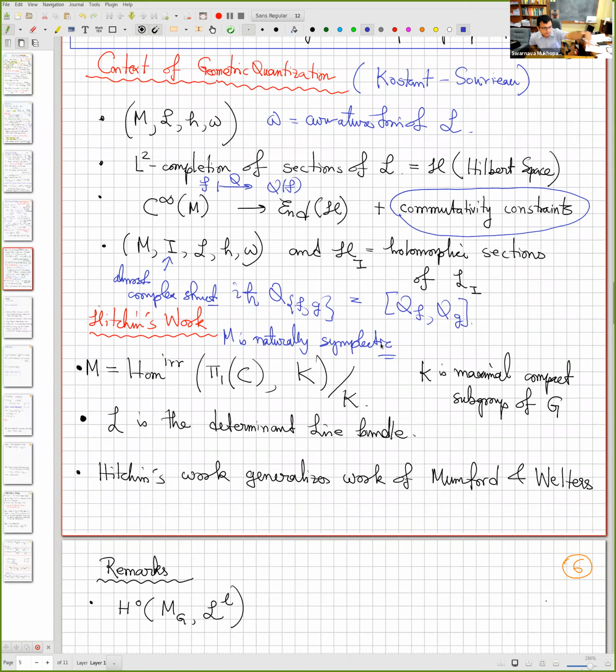Someone can ask how the spaces H^0 of M_I with the line bundle change as we vary I from C. So think of C as a fixed topological curve, and I is an almost complex structure. You're moving the almost complex structure, so your spaces M_I will change, and you can ask how this space changes. This is exactly the same question that I pointed out above.